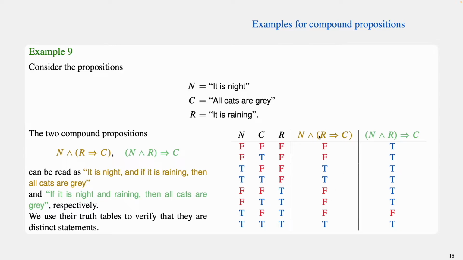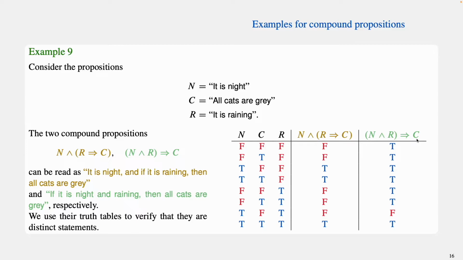And in all other cases where N is already true and R implies C is not this combination here, we get true as a result. And now we compare this with the second compound proposition, and we already see it's something completely different in the truth table here. So how do we get this one? What we have up here is an implication. Something implies C.